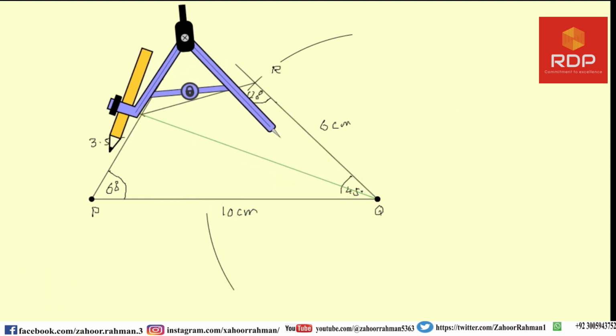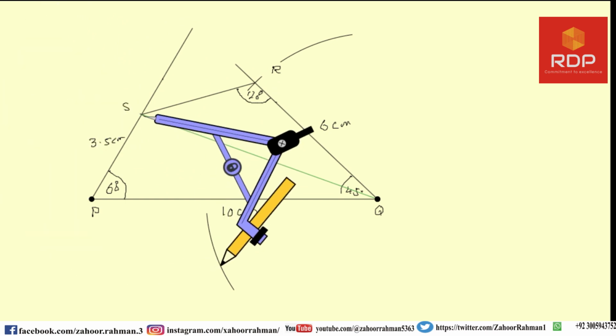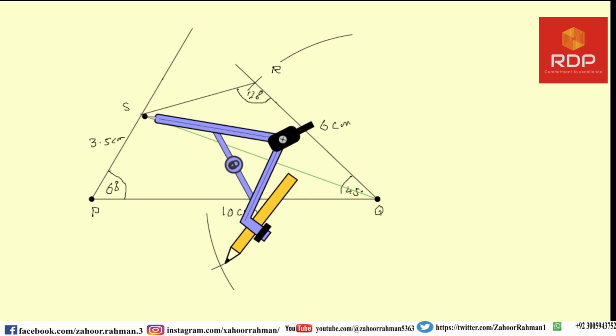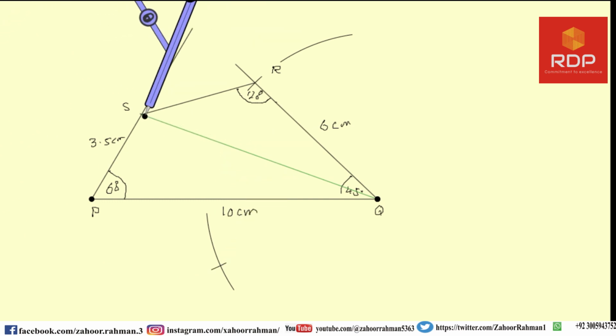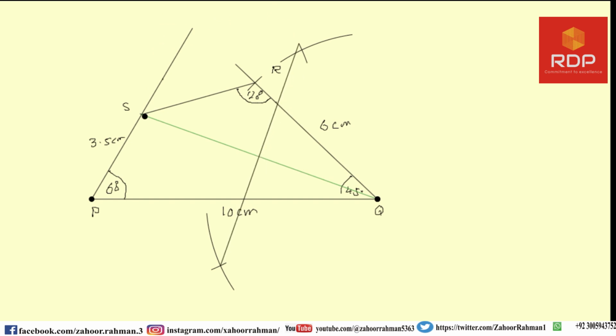Then you have to put this here, and then draw an arc here, and also an arc at this position as well. Next job is to connect these two lines with each other, and that will be the perpendicular bisector. You have to denote it that it is a perpendicular bisector which will cut this SQ or QS line into equal parts.